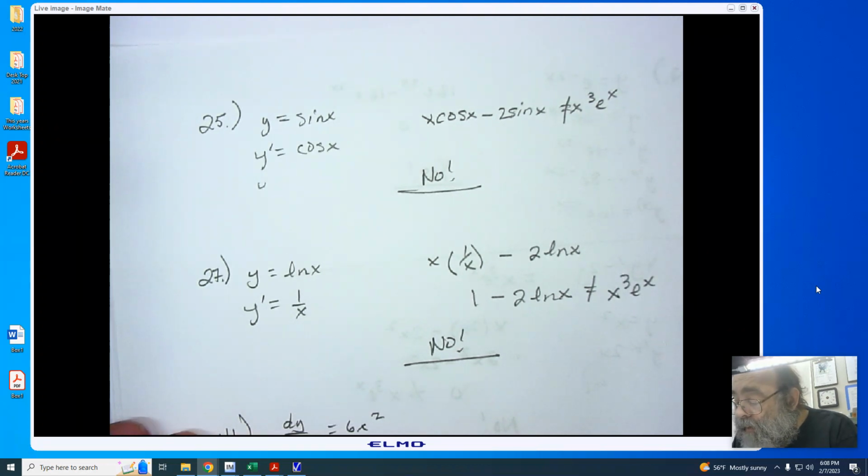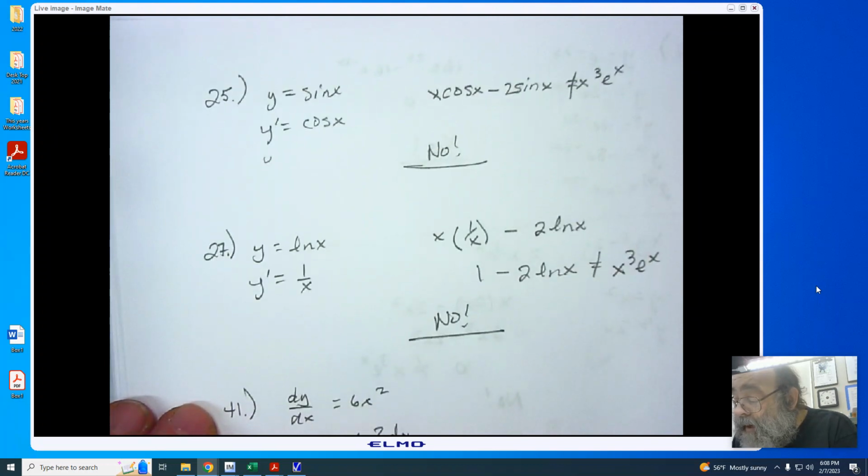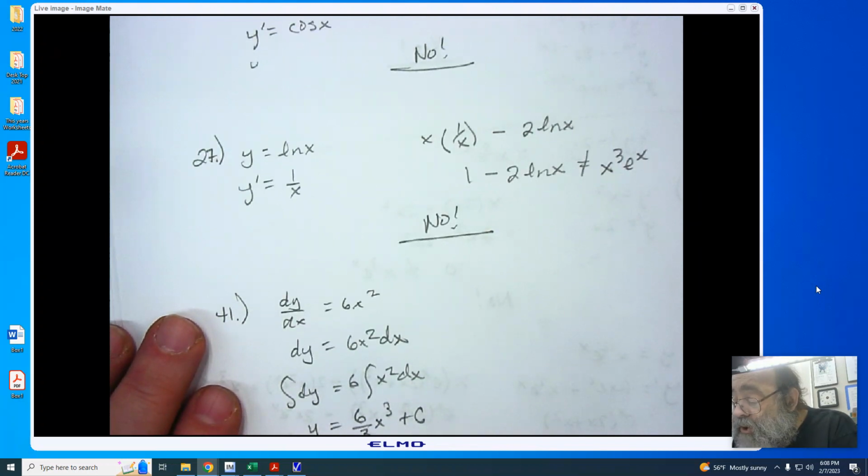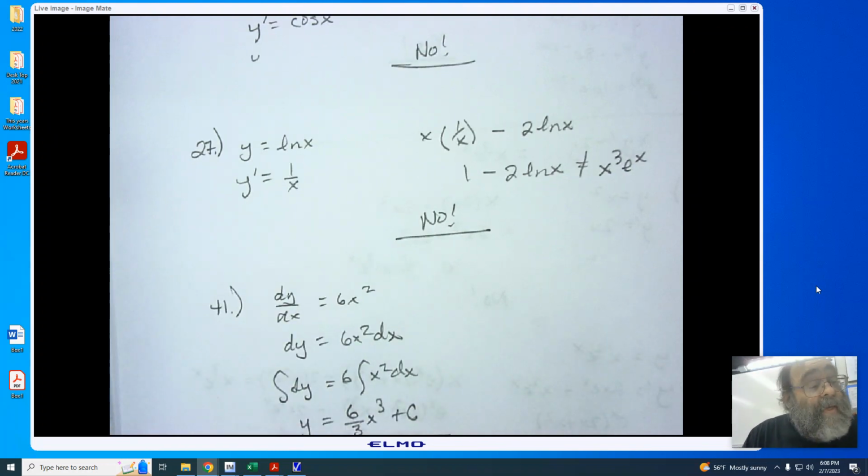I'm then going to integrate dy. I'm going to integrate x squared dx. I get y equal to 6 divided by 3x cubed plus c, and the general solution is 2x cubed plus c. And this is the way they are going to work for numbers 41 through 51.